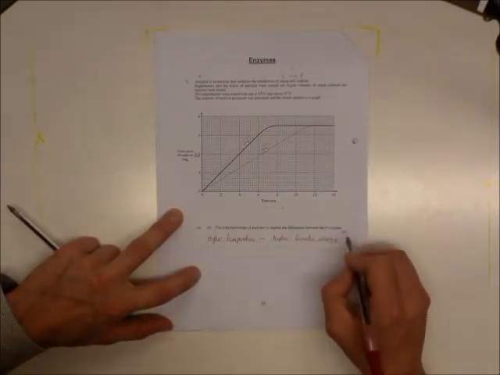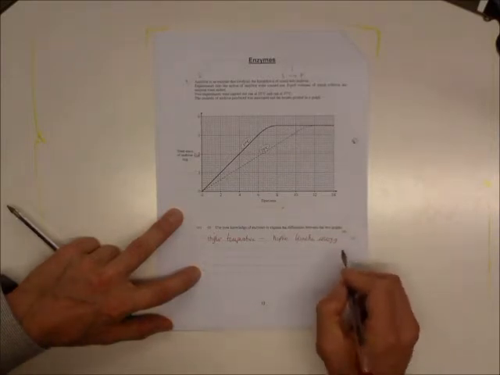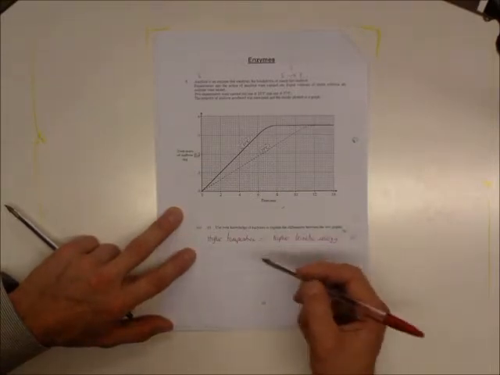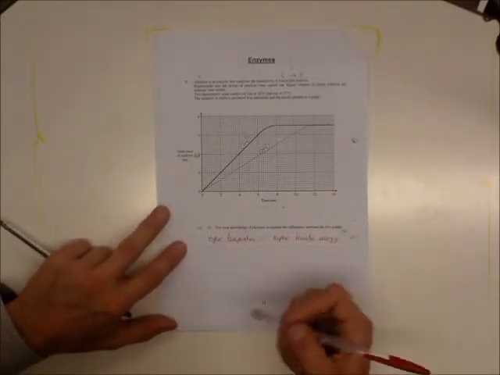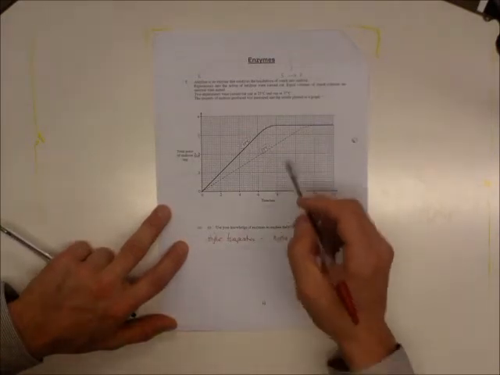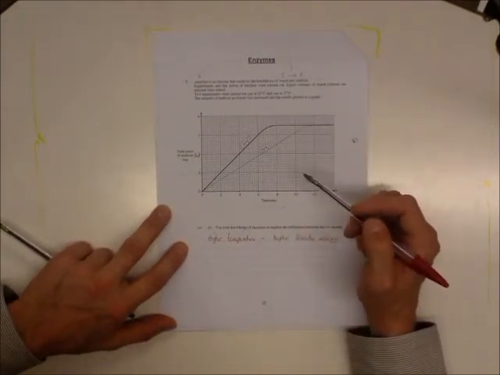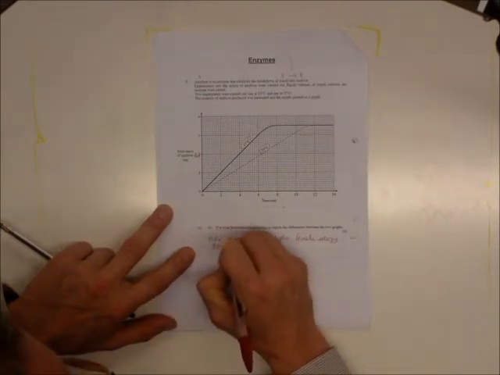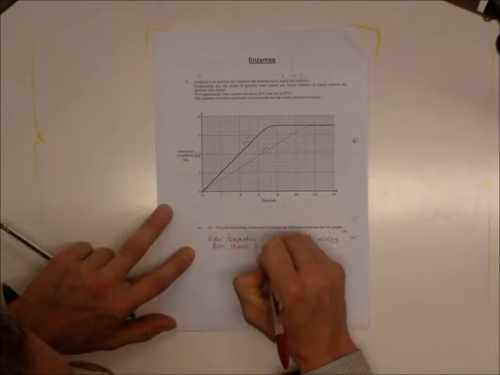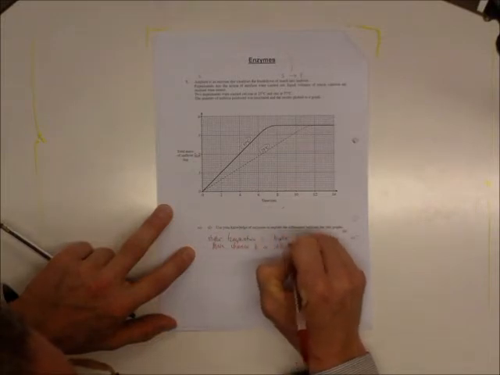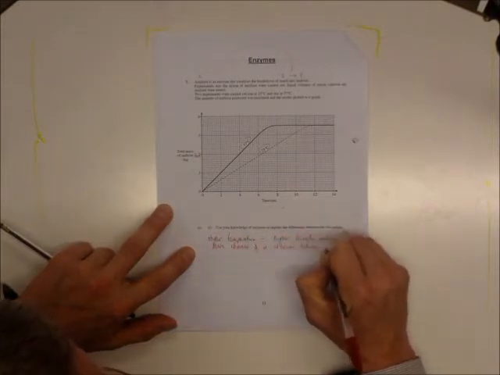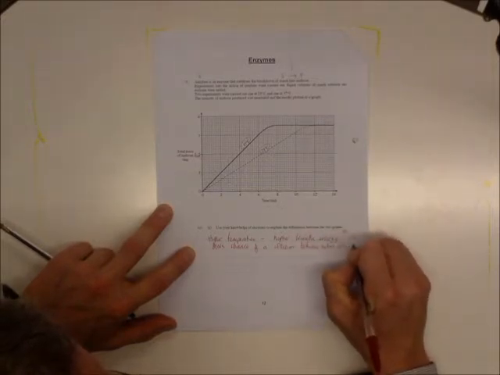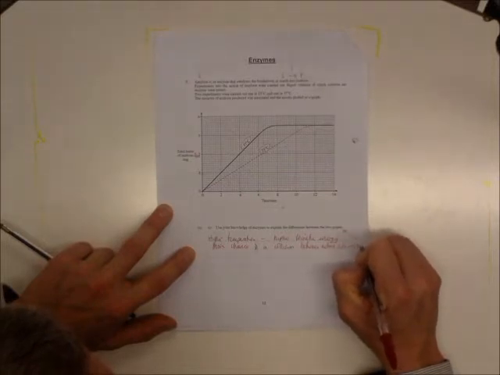So higher kinetic energy. We're not going to say KE or anything like that, we're going to say our full kinetic energy. If things are moving around faster, there's going to be more chance of a collision between our active site and our substrate. So more chance of a collision between active site and the substrate.